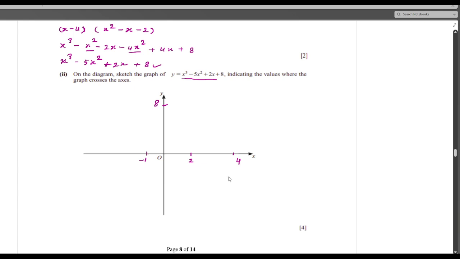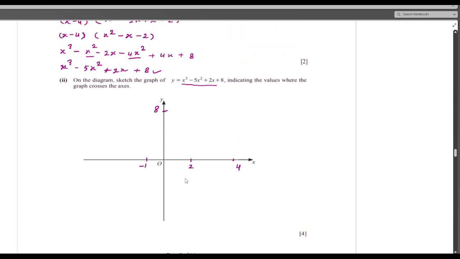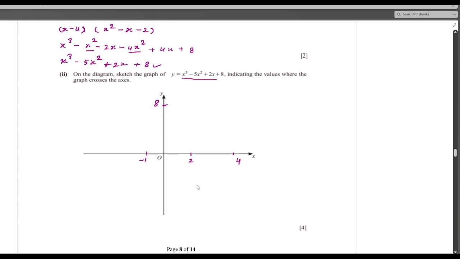Now when your x value is more than 4, from here we can see that all the three factors, all the three terms are going to be positive, and the product of three positive terms is positive. So for any value which is more than 4, I'm going to get a positive value. So here I will have a curve which is going like this.